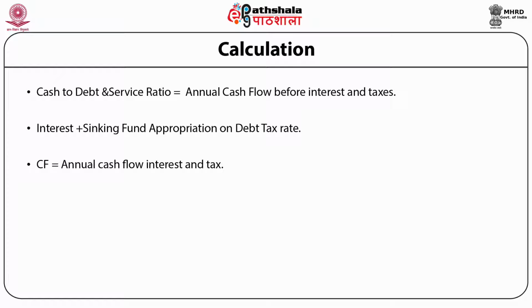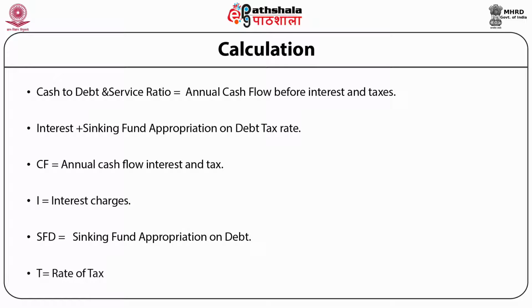CF stands for annual cash flow before interest and tax, I stands for interest charges, SFD for sinking fund appropriation on debt, and T for rate of tax.